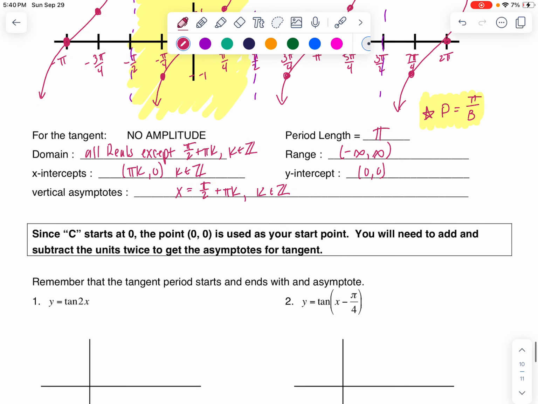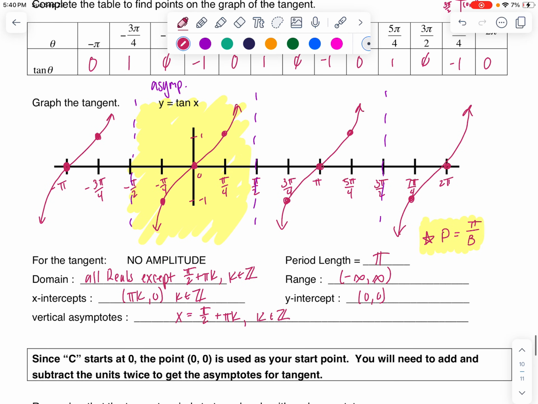If I'm looking at this one specific area, we notice that we are starting at 0 comma 0. So we are going to start this point for our parent function. And then you will need to add and then subtract the units twice to get the given asymptotes for tangent.